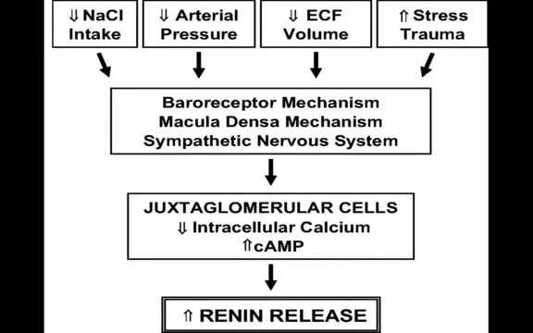Decreased sodium chloride load, as we call it, osmolarity detected by osmoreceptors. 2. Decreased arterial blood pressure detected by baroreceptors. 3. Decreased blood volume detected by volume receptors. As well as 4. Some sympathetic stimulation can cause renin release.